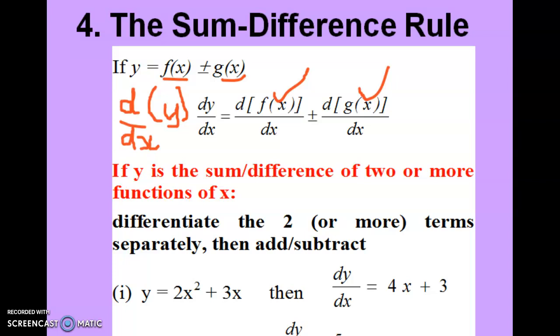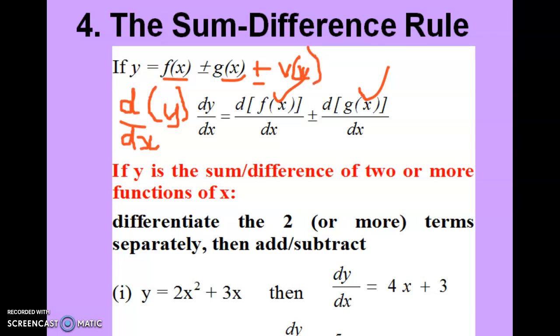Let's say I'm writing at the top of the page. Let's say plus or minus, let me put a v of x. Like this.